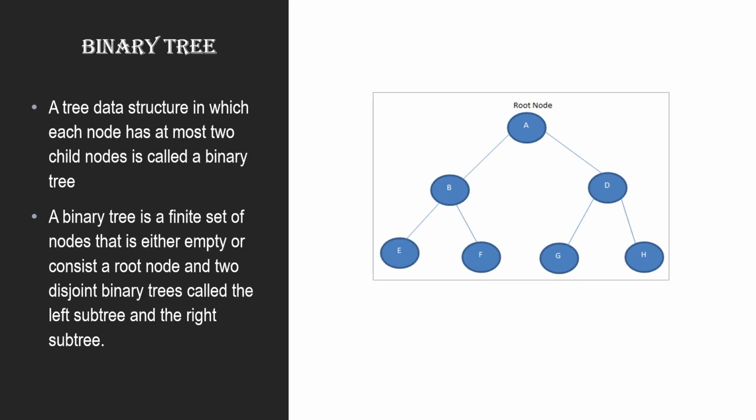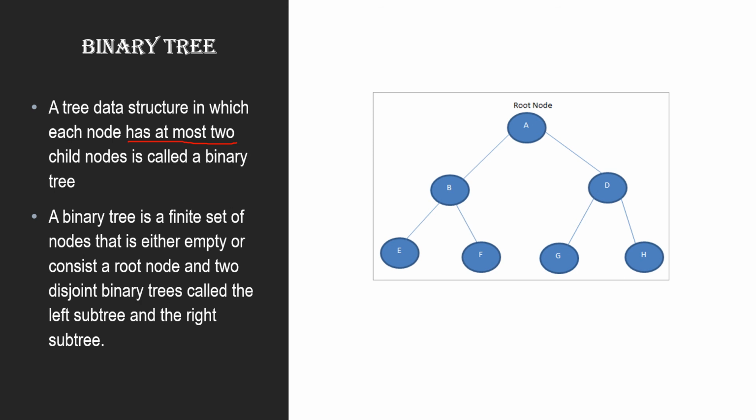The last term is binary tree. This is a very important concept in trees. So what is a binary tree? A tree data structure in which each node has at most 2 child nodes is called a binary tree.